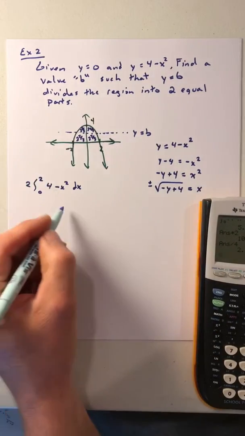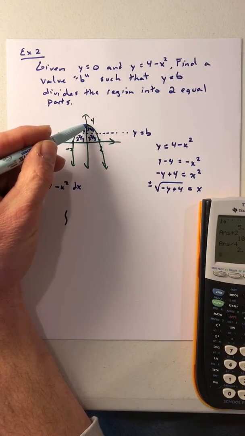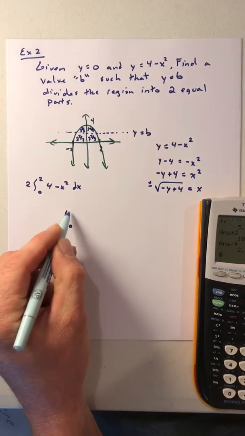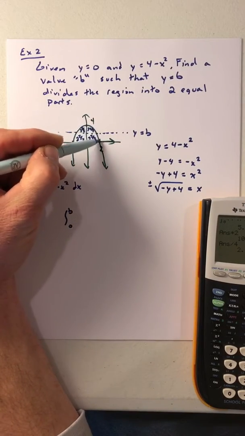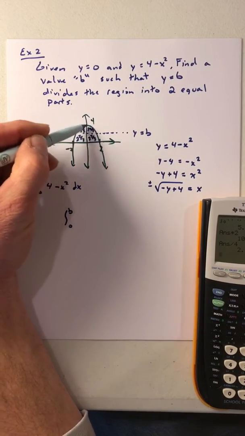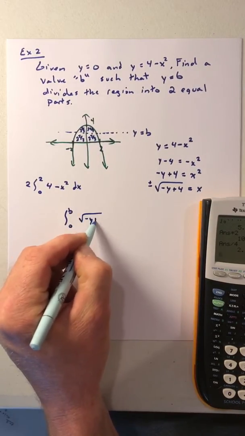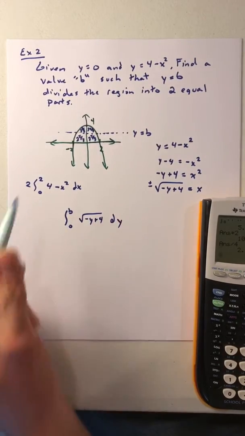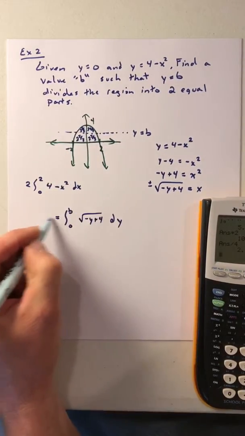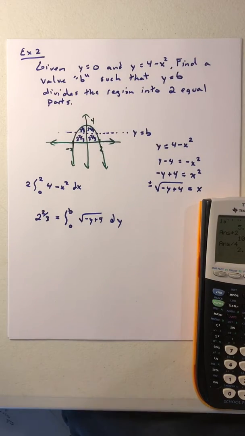Well, now, if I integrate from 0 to b of my top curve, well, my top curve in this case is the positive radical part of this. So the square root of negative y plus 4 dy. And I want that to equal 2 2/3.